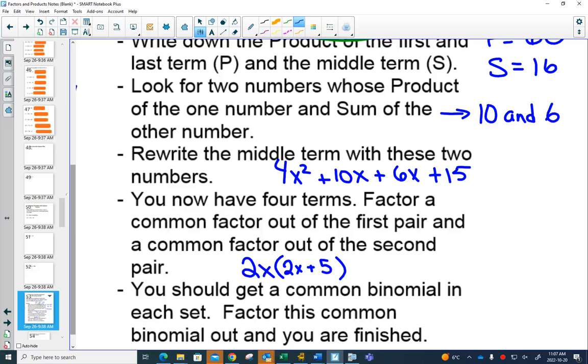Agreed? Yep. Now look at the last 2. Is there something in common in the last 2? There's a 3. So there's a plus sign, plus 3, and then you'd be left with 2x plus 5.